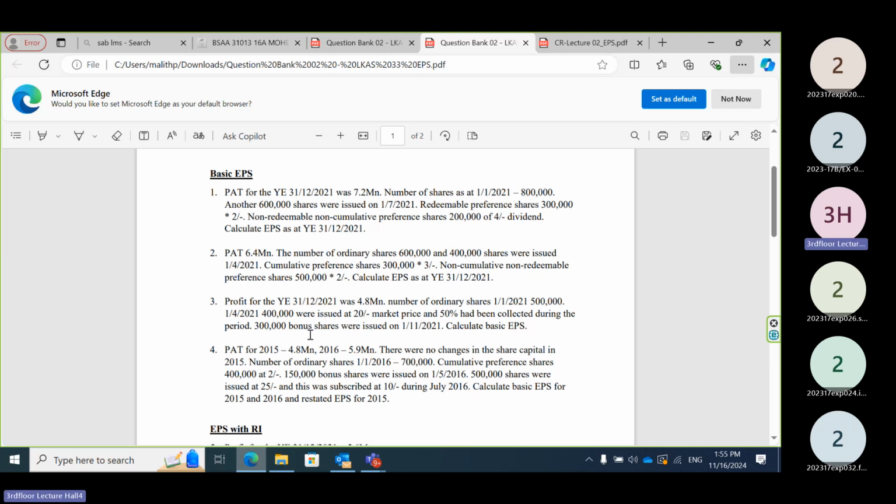First April 2021, 400,000 were issued at 20 market price and 50% had been collected during the period.